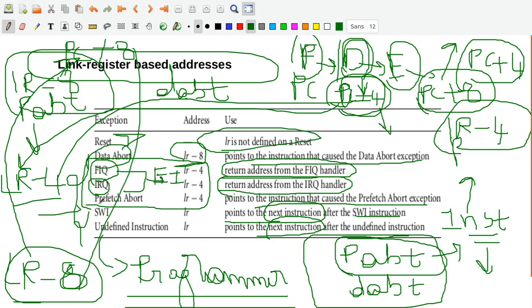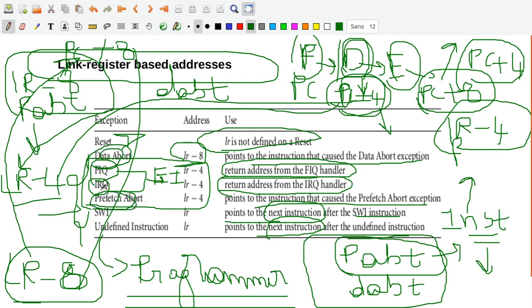And data abort and the prefetch abort are thrown by the instructions. So these are thrown by the processor itself. Okay, I'm very sorry. The processor throws this exception, that is the data abort exception as well as the prefetch abort exception.